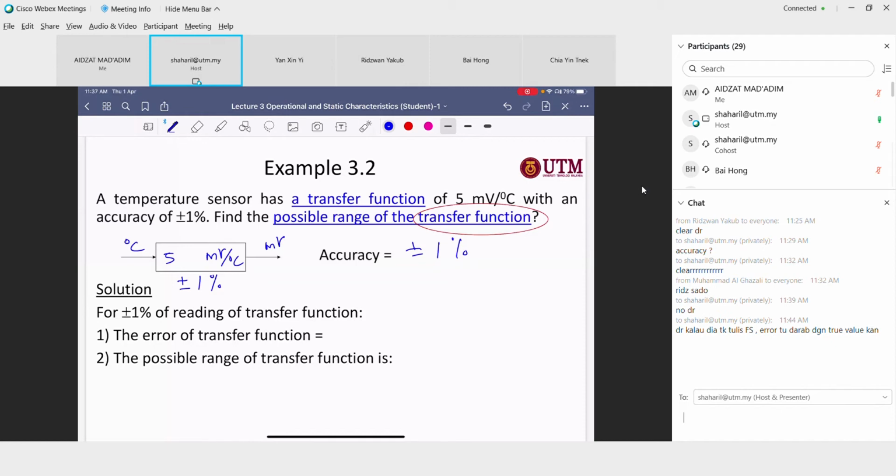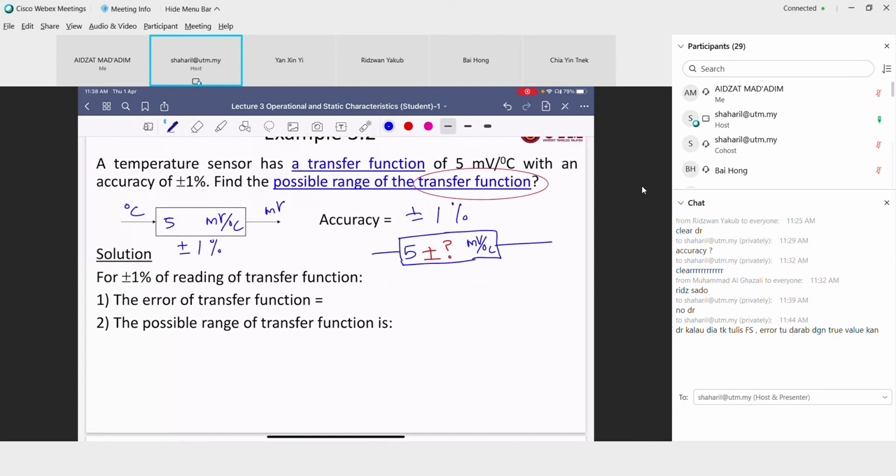So the question asks what the possible range is. That means the error, plus minus something. That is what the question is about.